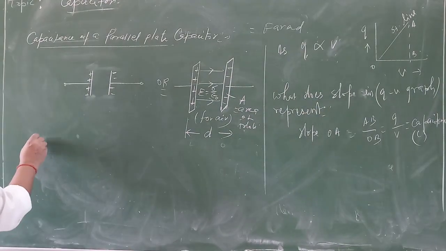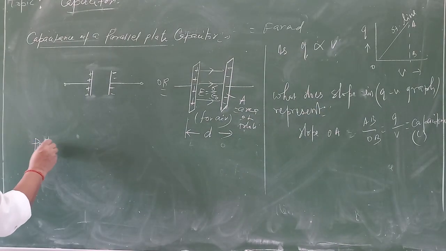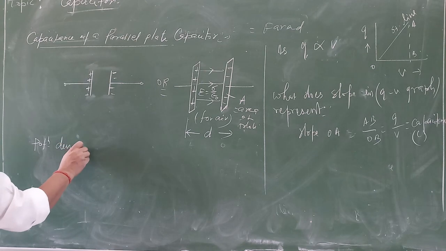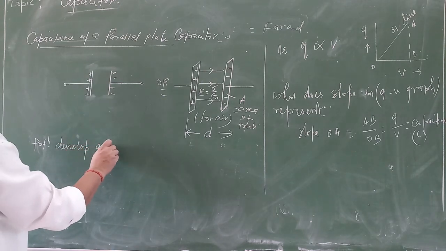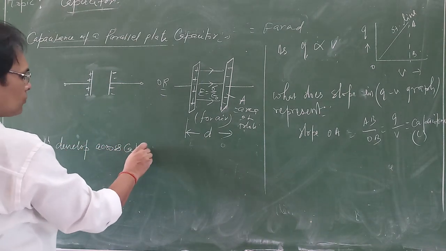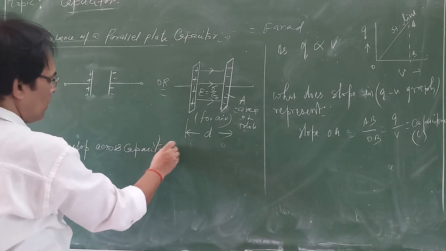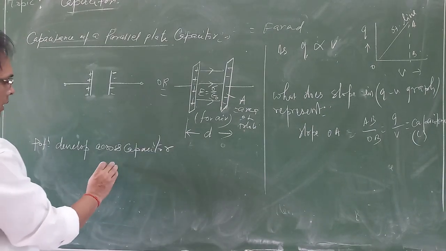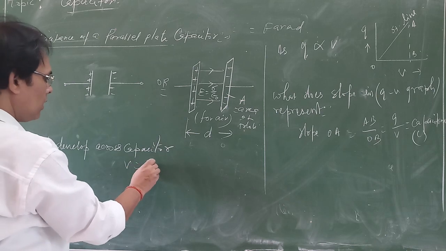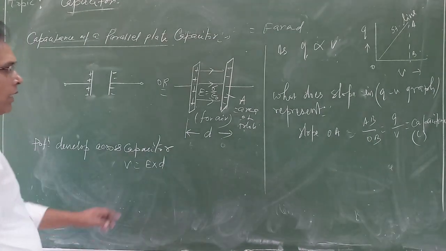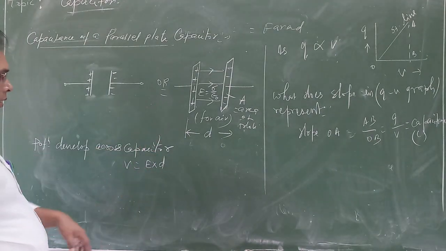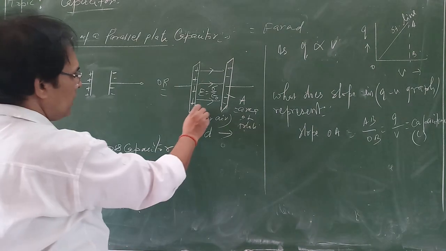The potential developed across the capacitor, V equals E into D, where E is the electric field and D is the distance.